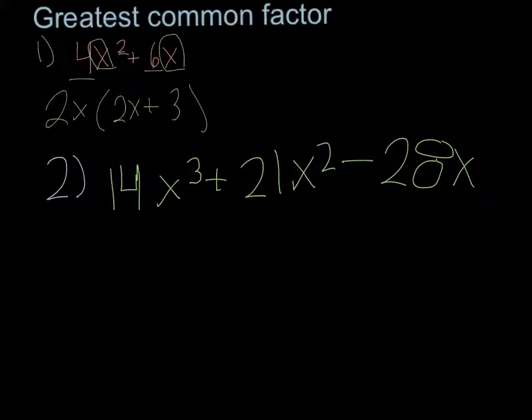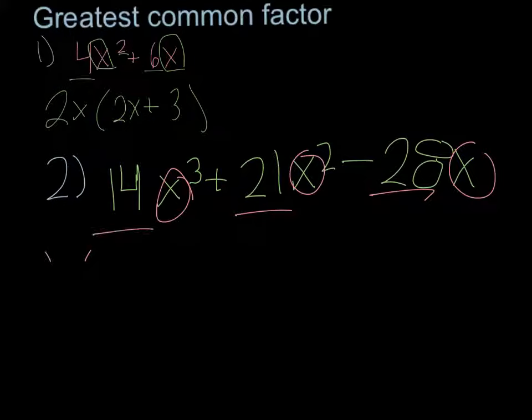So what do all three of these have in common besides an x? We all know they can take an x out of each one. What do 28, 21, and 14 have in common? Right, 7. So let's take out a 7 from all of it.